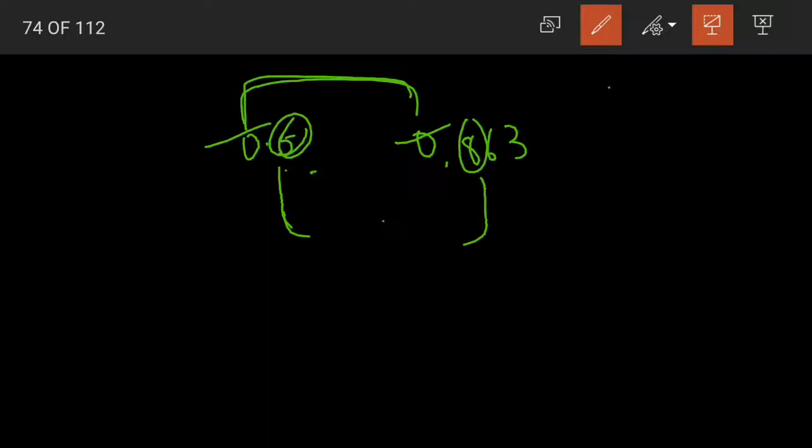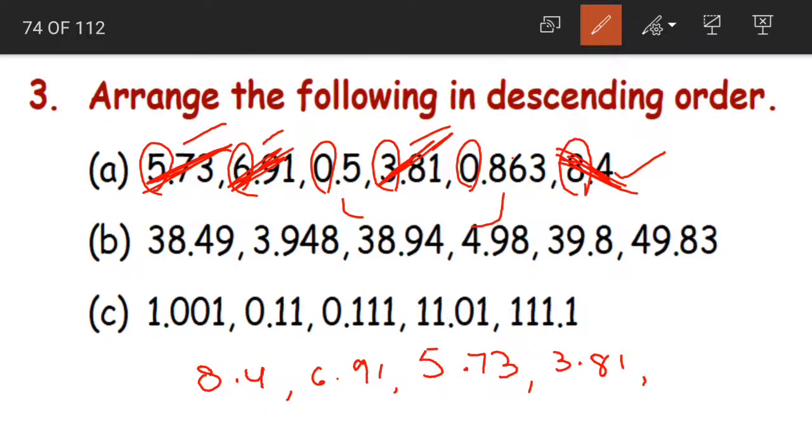What is the relationship between 5 and 8? 5 is less than 8. So the number 0.5 is less than our number 0.863. So from these two given numbers, which is the bigger number? 0.863. So next number is 0.863.